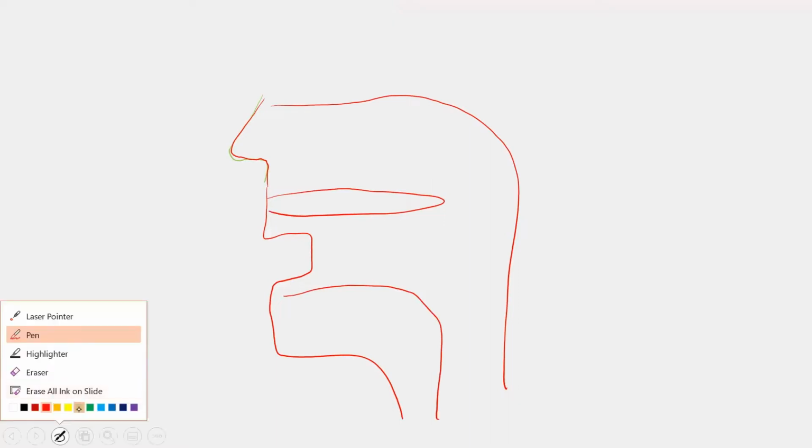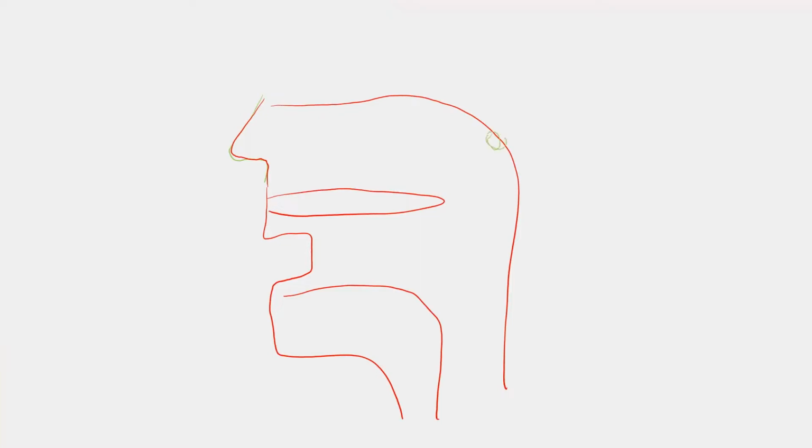If you look at the sagittal section, you have the nasopharynx like this, the oropharynx like this. At the top of the nasopharyngeal region, you have a group of lymph nodes called the pharyngeal lymph nodes. And then in the nasopharynx, you have the opening of the eustachian tube, the auditory tube.